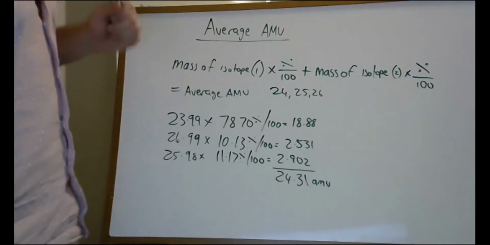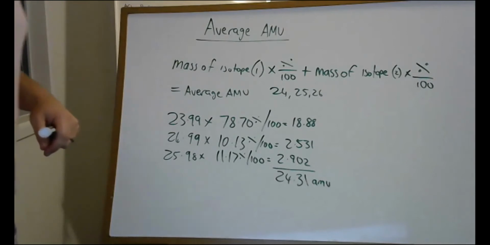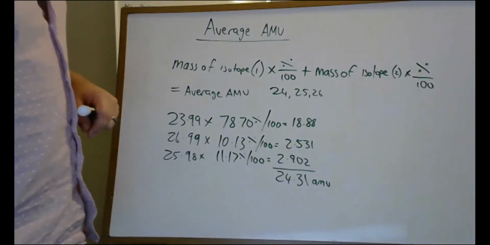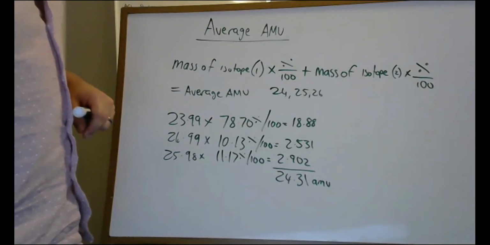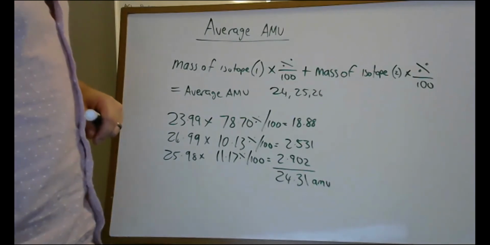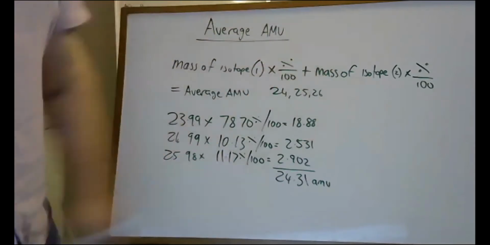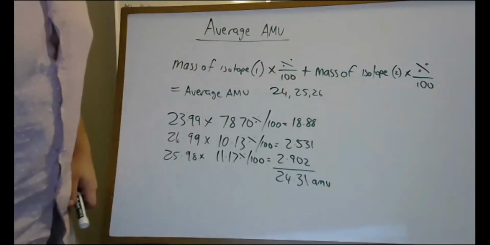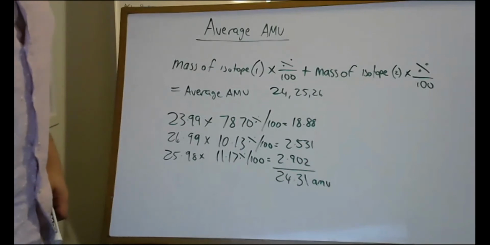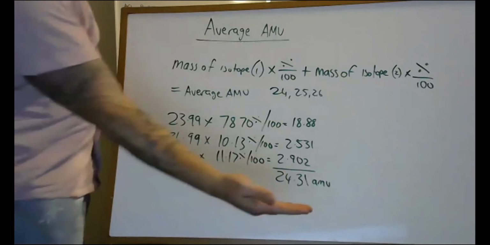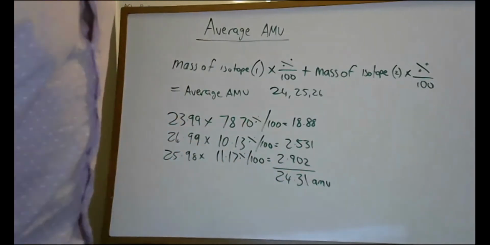And we apply that across the board. It's 24.305, or rounded to 24.31.